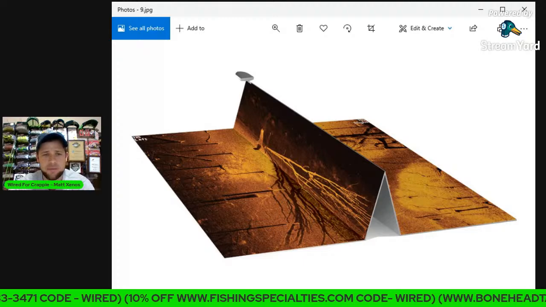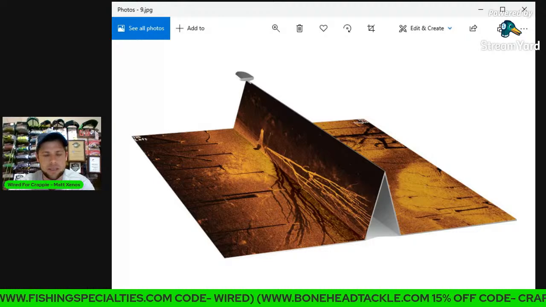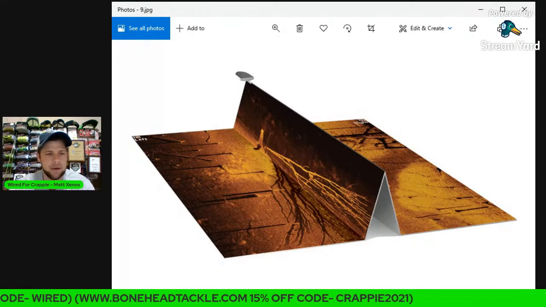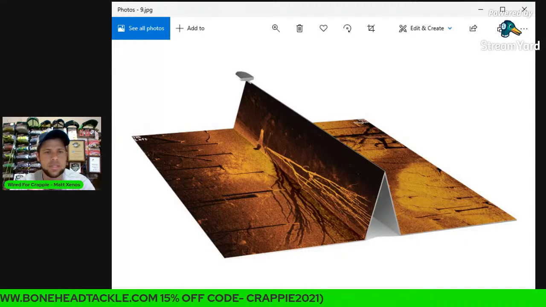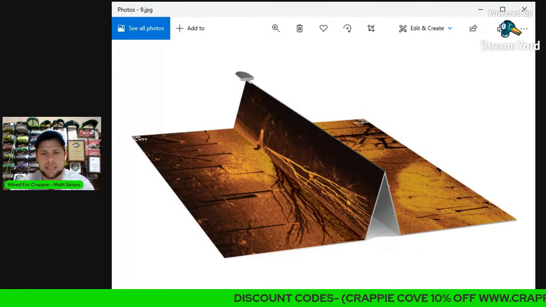So if you've ever wondered exactly what it is or how side imaging and down imaging works, the down imaging phrase is kind of a little misleading. If you look at this photo here in this area, guys, this is your down imaging cone.